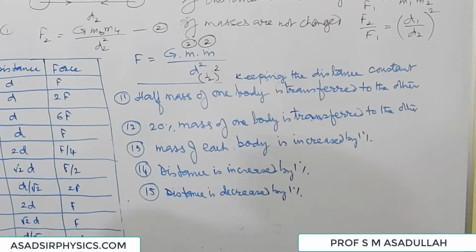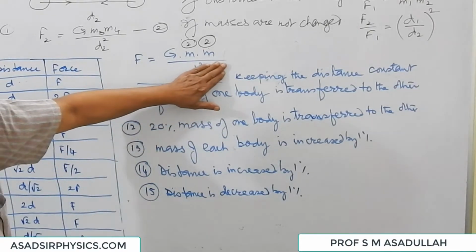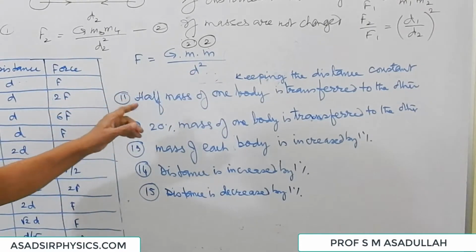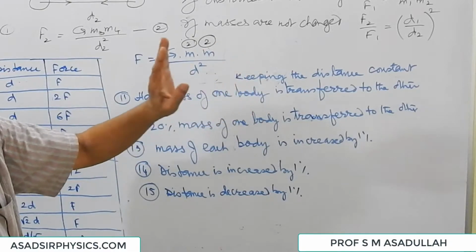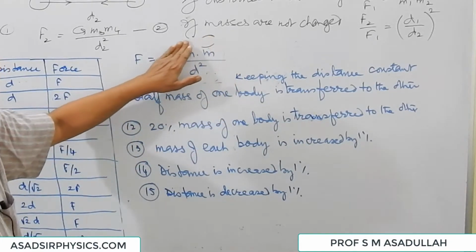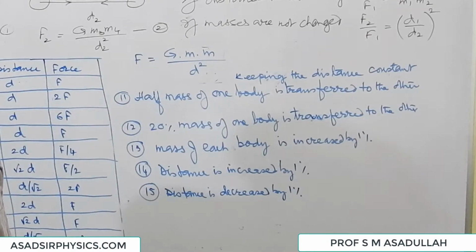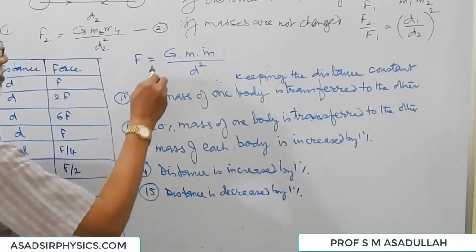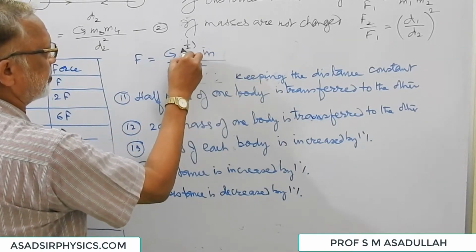Okay. Now let us take some more problems here. Keeping the distance constant, half mass of one body is transferred to the other. The formula is the same. So the first body will have how much mass now? 1 by 2.